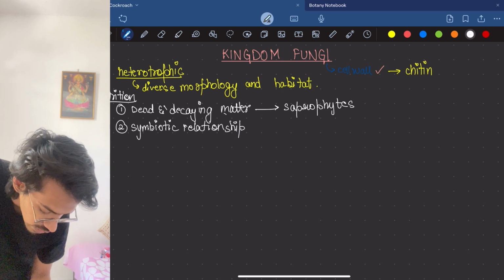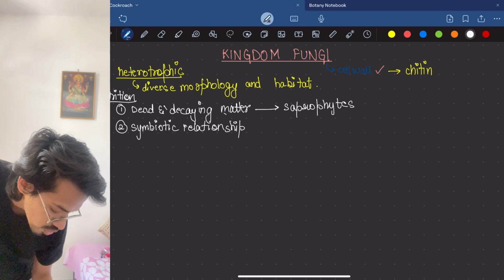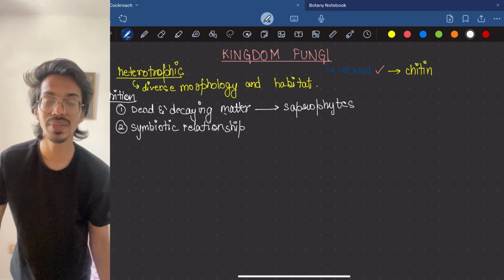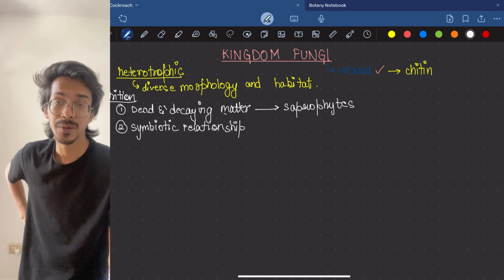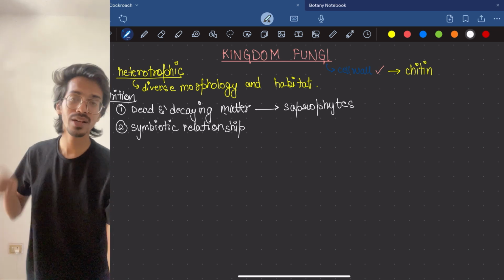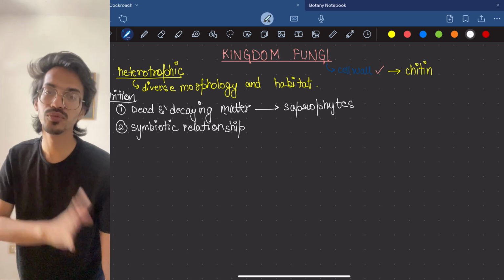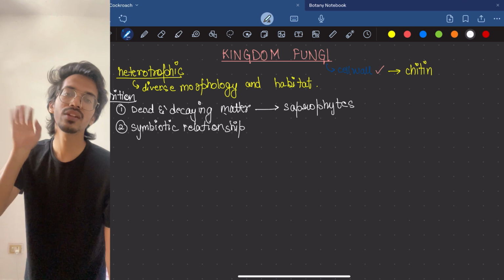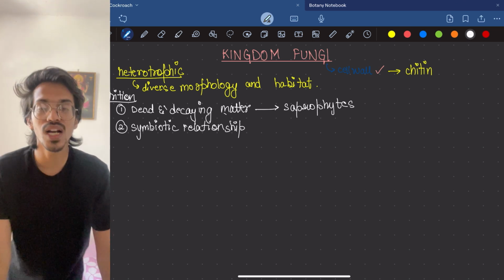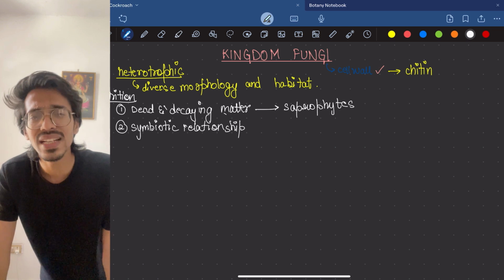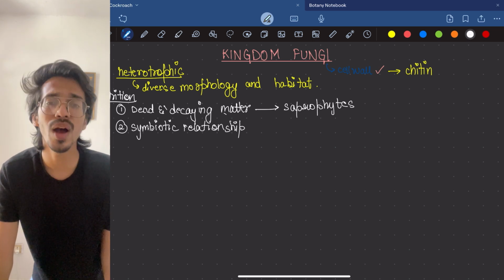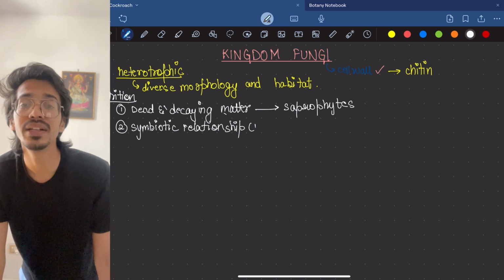They also do certain work, but most of the other work, like the food work, is being done by the partner. It is like roommates. When you have a roommate, one roommate makes food, and the other brings all the material for the food. Same thing over here. The fungus will bring the material needed for food making or any other basic requirement, whereas the partner will give the food.